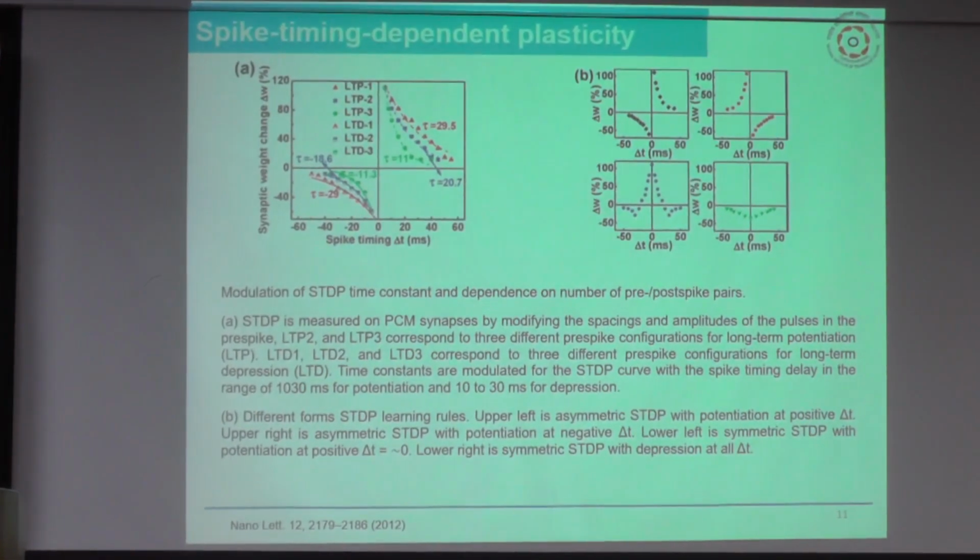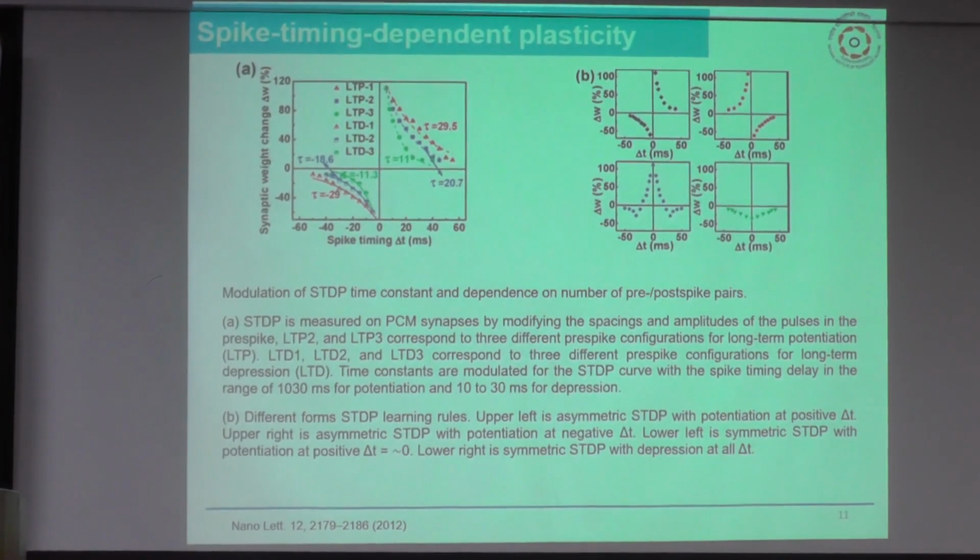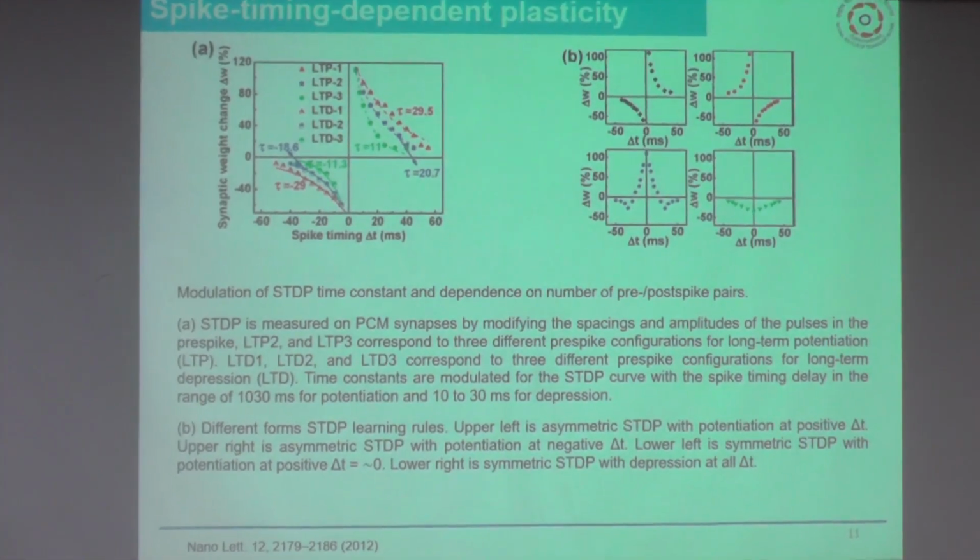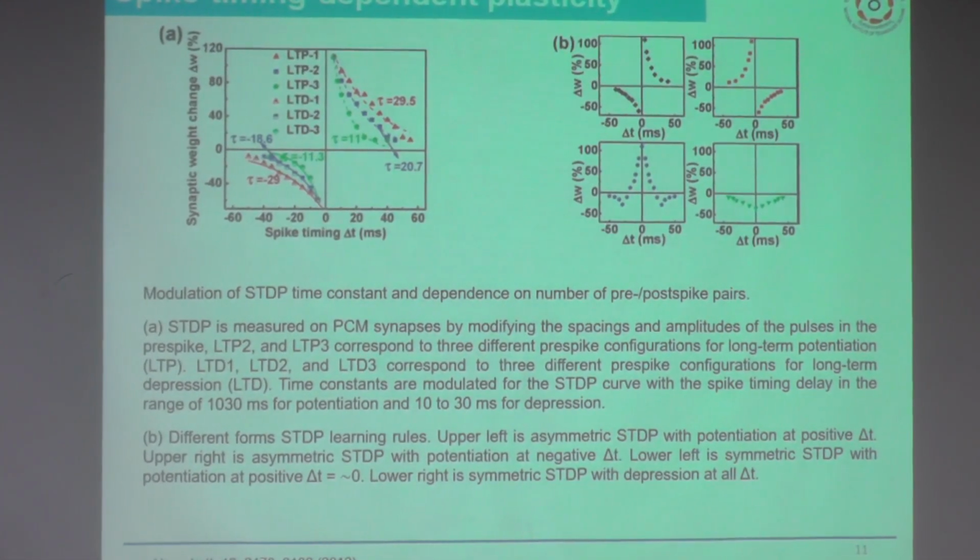It is measured on the PCM synapse by modifying the spacing and amplitude of the pulse in the pre-spike for different potentiation 1, 2 and 3, corresponding to 3 different pre-spike configurations. Further, depression was also tested, corresponding to 3 different pre-spike configurations for long-term depression.